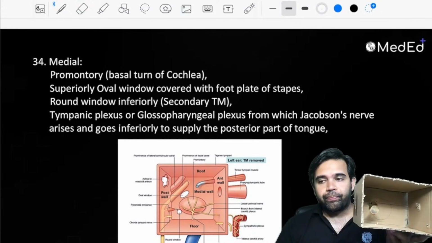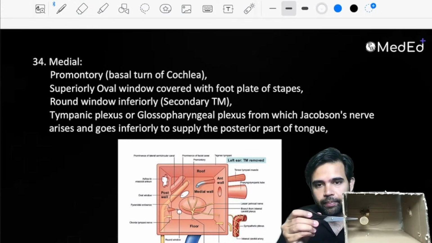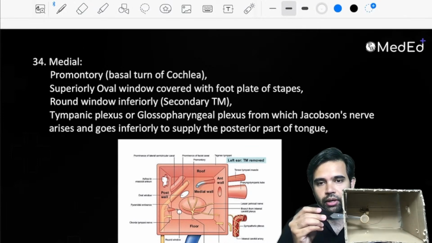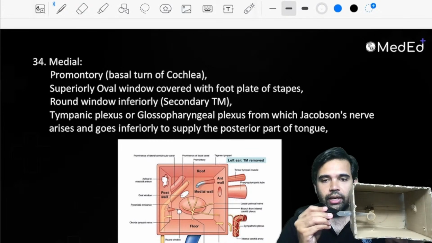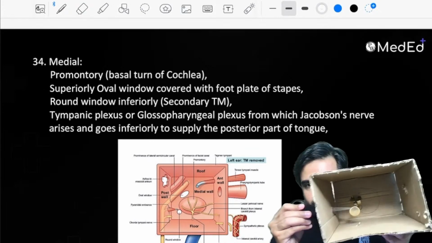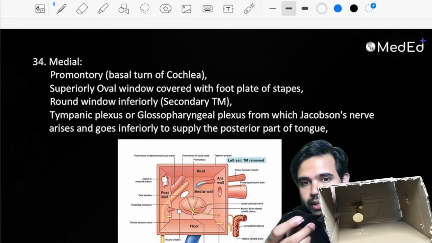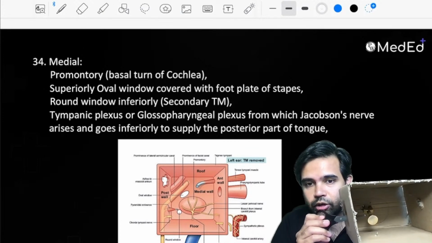Okay, so as you can see, this is the pyramid. All right, and to this pyramid the stapedius muscle attaches and connects to the head of the stapes. Now if you notice, there is this space, the inner space; this is medial, and this is lateral towards the eardrum.